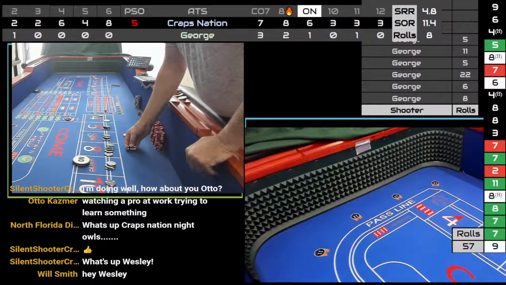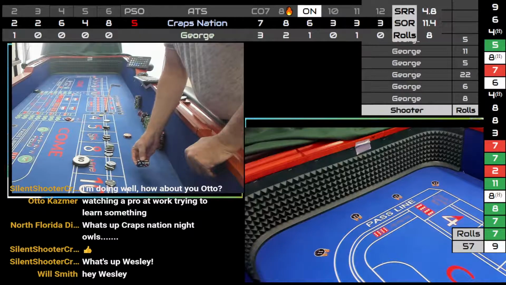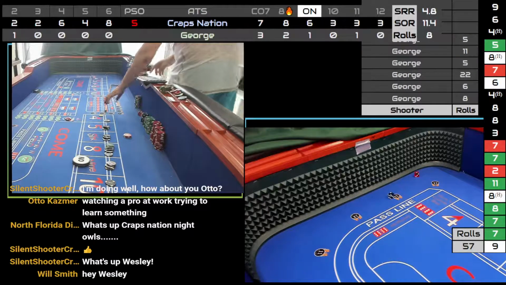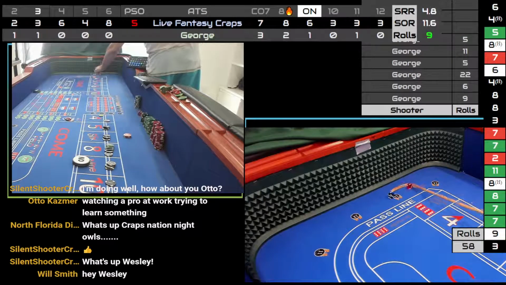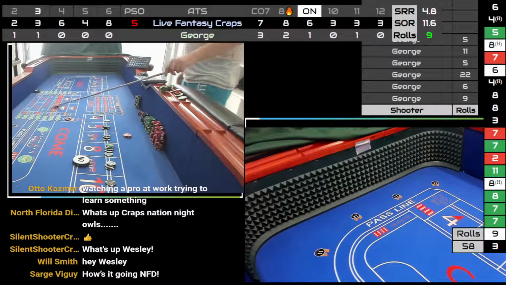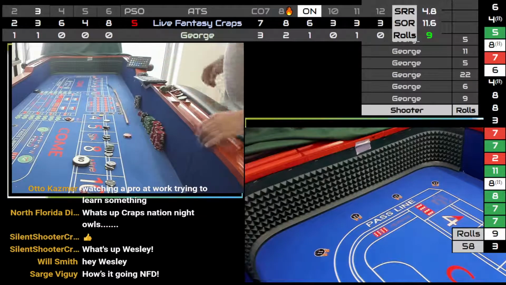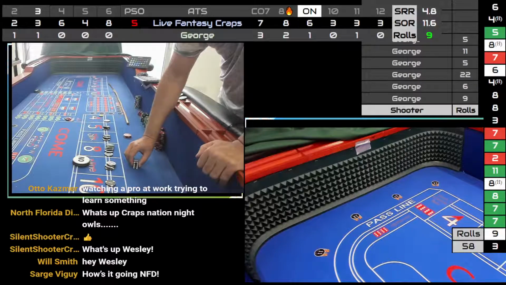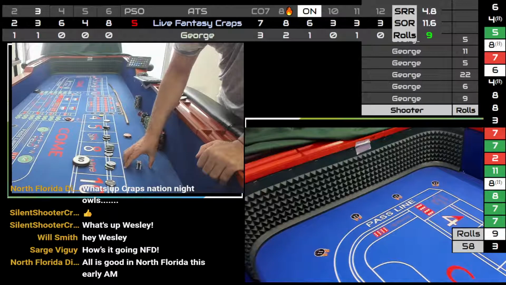Dice up. 2 on 3. Off axis. 4, 2, 4, 1. Hybrid to a 4, 2, 6, 4.